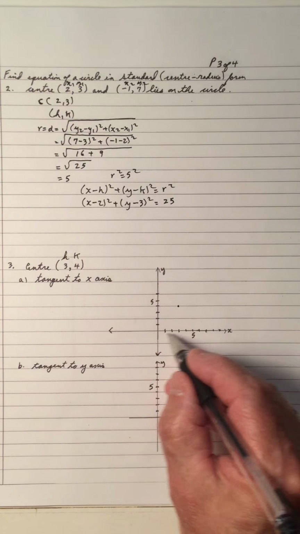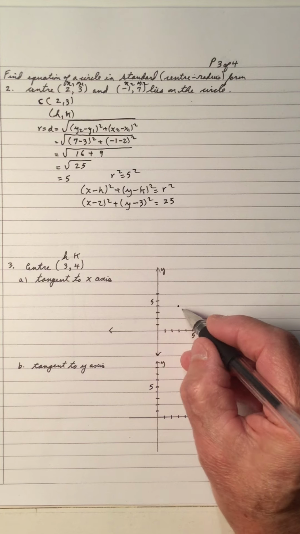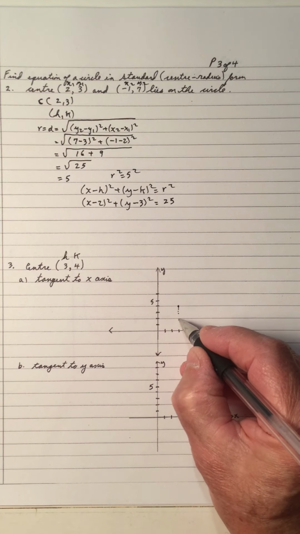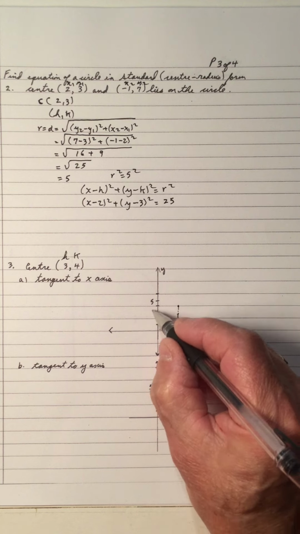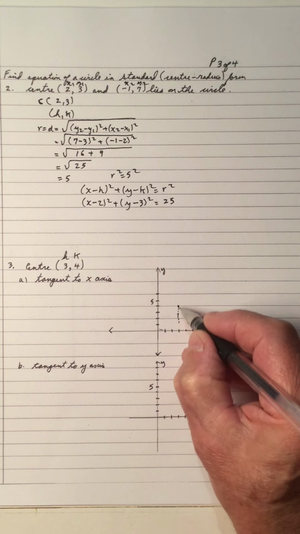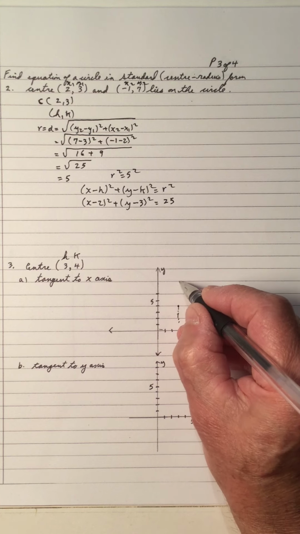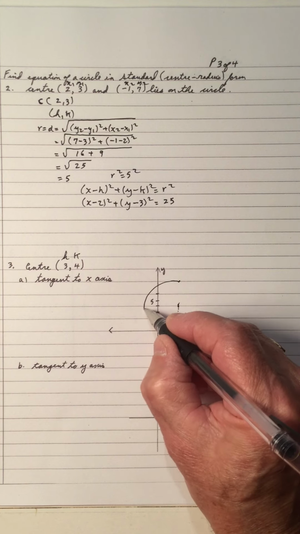So the x-axis is right here. So that means it's coming down here like this and is touching. And it's tangent here. So that's 4 down here and there's 4 up here. So the circle goes something like this.